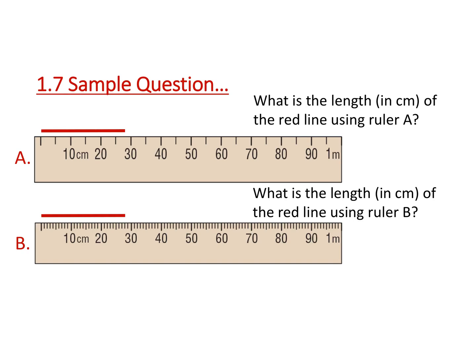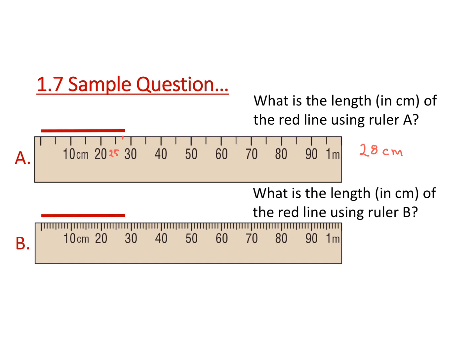So for ruler A, we might look and say, okay, well, that's 25, and maybe that's 27 and a half. I'm halfway between 25 and 30, so maybe it's just beyond that, so maybe we'll call this 28 centimeters. That's a fine measurement because we only have markings every 5 centimeters.